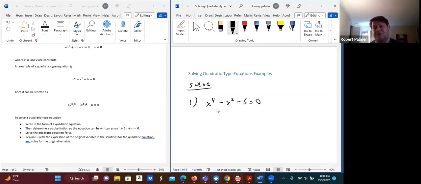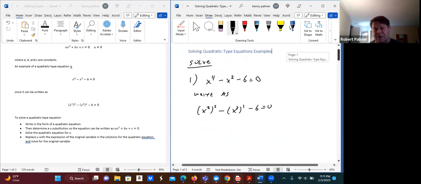First off, we recognize that we can write x to the fourth as x squared to the second power, x squared squared. We write this term as the same thing in parentheses to the first power, minus 6 is equal to 0. We can write it like this. Basically, write as a quadratic equation.